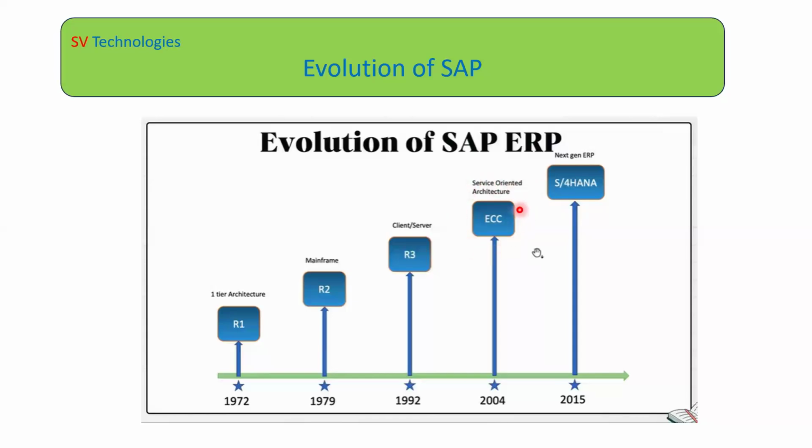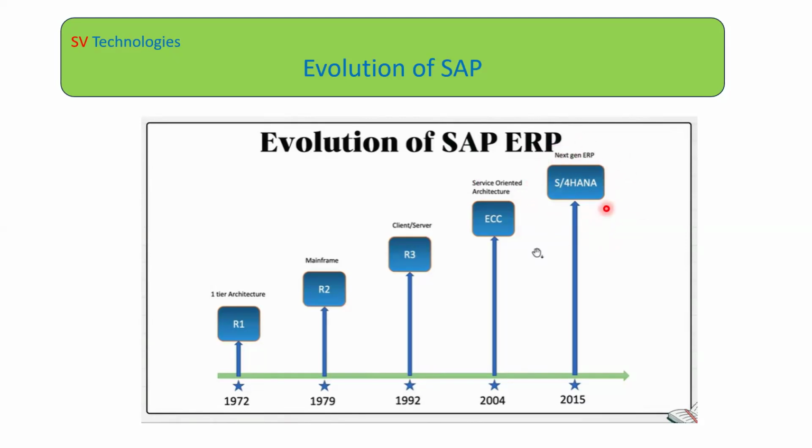Here the database will be a little bit different. Coming to S4 HANA, till ECC, the database being used in SAP is Oracle database. Coming to S4 HANA, they have developed a separate database.